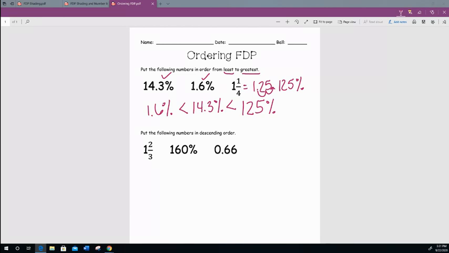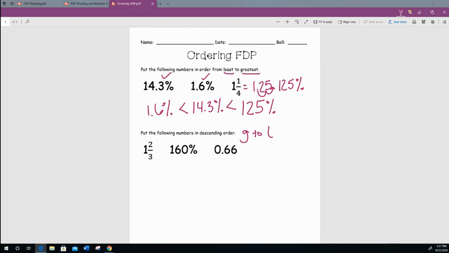Looking at the next one, it says put the following numbers in descending order. Remember, when we're going descending, we're going from greatest to least. So I'm just going to put G to L as a reminder. Now here we have all three different forms. We've got a fraction, a percent, and a decimal. And they all seem pretty similar. With this 1 2/3, 2/3 is sounding an alarm.